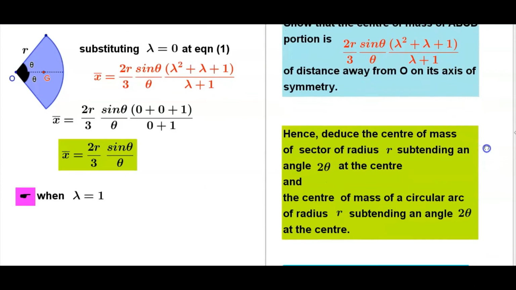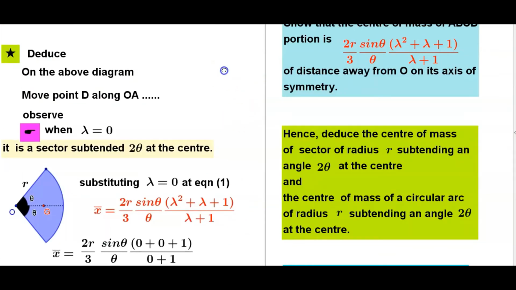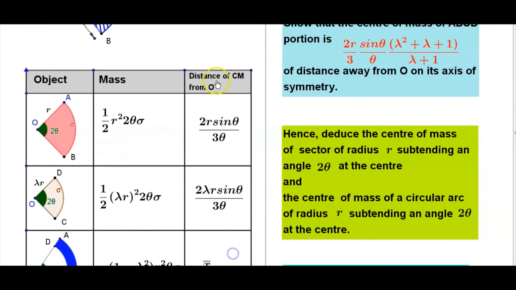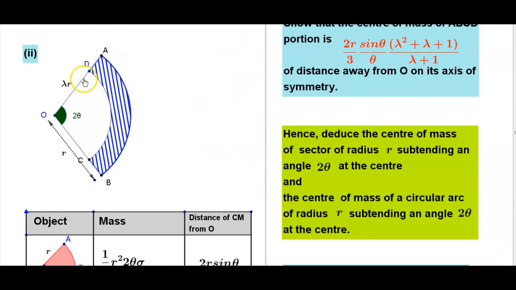The next part, center of mass of a circular arc. On the above diagram, we make lambda equal to 1. When lambda is equal to 1, lambda r is equal to r.